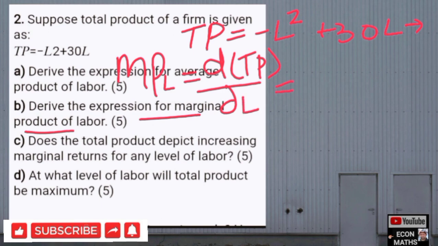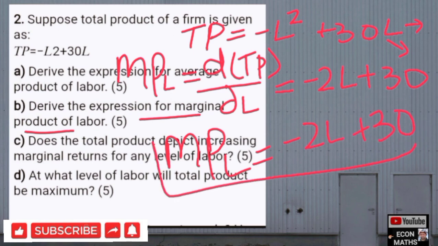So differentiating first this L square, the derivative of L square is 2L, so this first term becomes minus 2L, plus the derivative of L is 1, so we get here 30. So marginal product of labor is equal to minus 2L plus 30. Okay, this is our marginal product of labor.